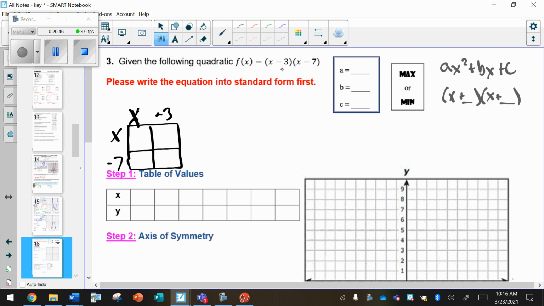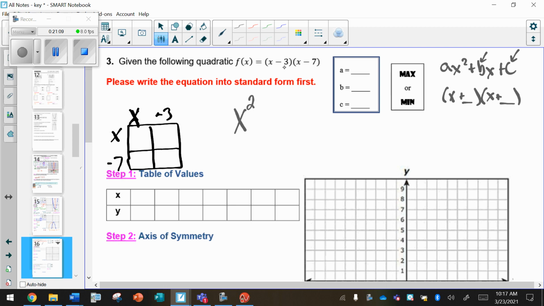When we multiply this out, x times x is x squared. The two numbers, -3 and -7, add to be the middle number, and they multiply to be the last number. So we can do that box method, or just do it in our head.